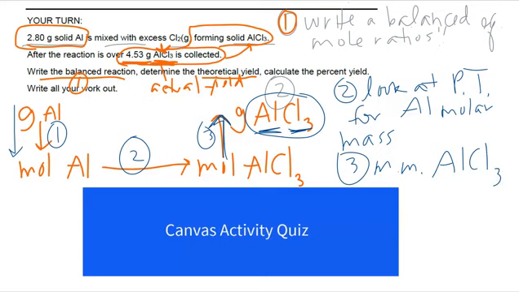So hopefully this mess makes sense, and take a minute and go through and do this, because this is your Canvas activity quiz. It will hopefully be a lot less stressful when you open up the quiz if you already have the answers.